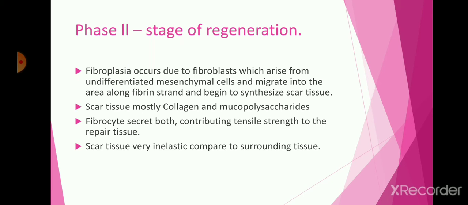During the stage of regeneration, fibroplasia occurs due to the fibroblasts, because they arise from undifferentiated mesenchymal cells and migrate into the area along the fibrin strands and begin to synthesize the scar tissue. This fibroblast is essential to synthesize the scar tissue at the injury site, and this scar tissue is mostly collagen and mucopolysaccharides.